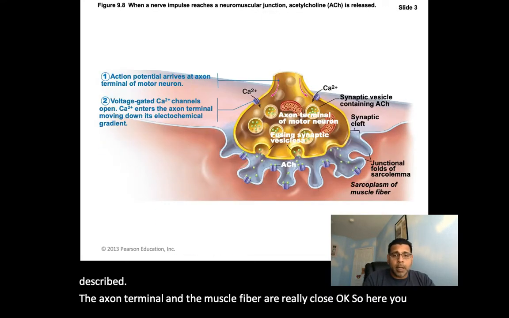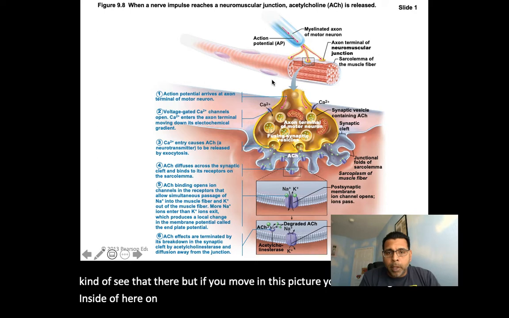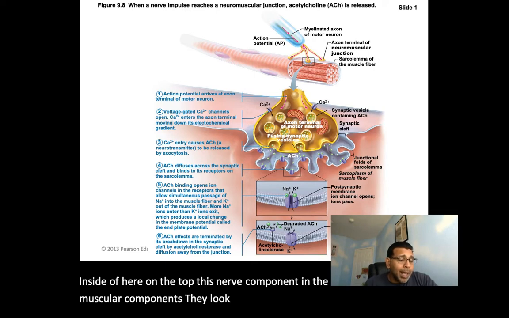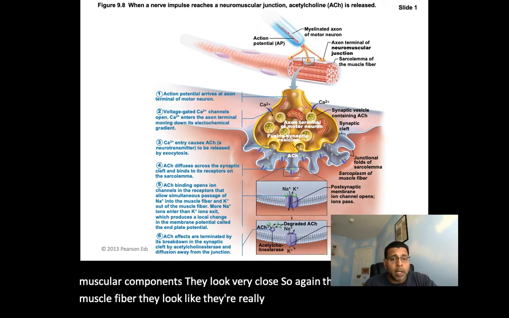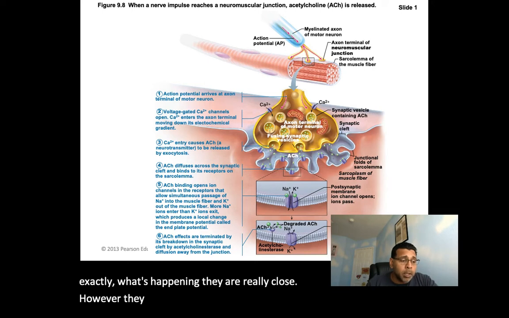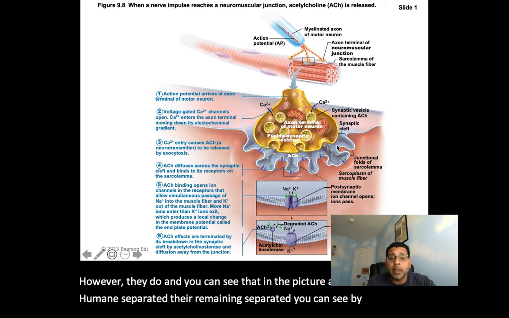In this picture, you can see the nerve component and the muscle component look very close to each other, and that's exactly what's happening. They are really close. However, they remain separated.